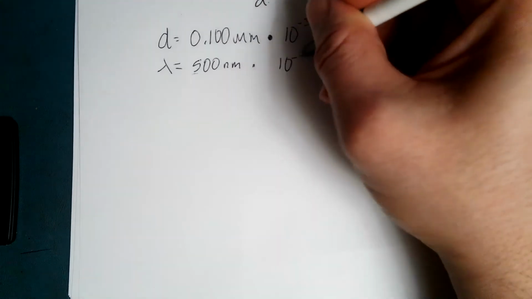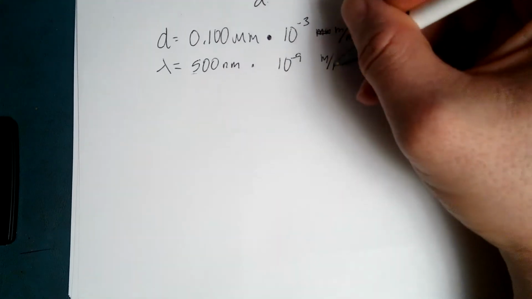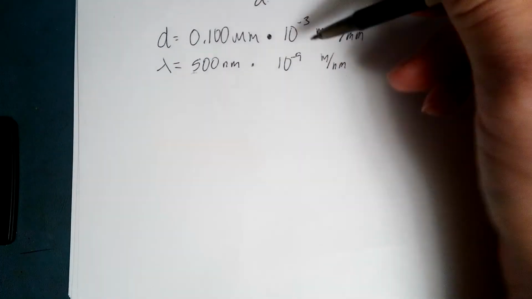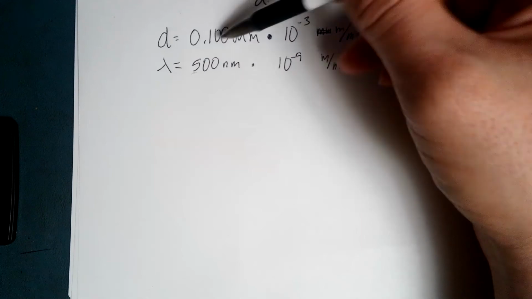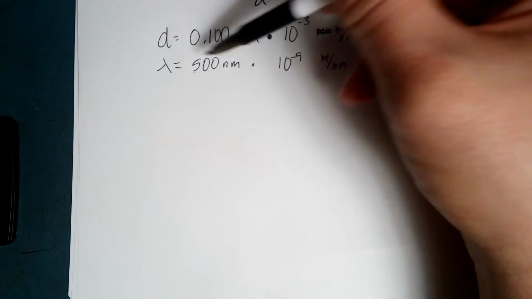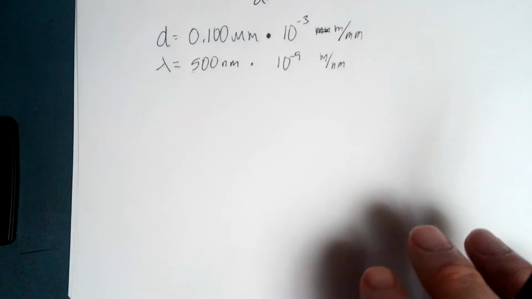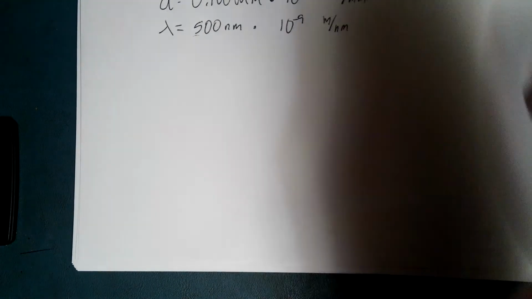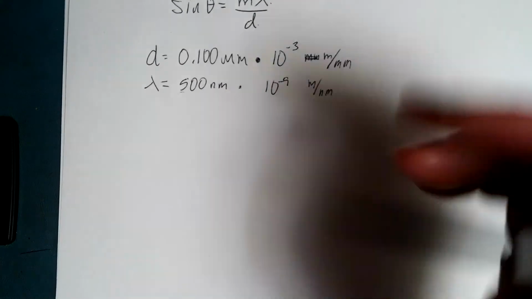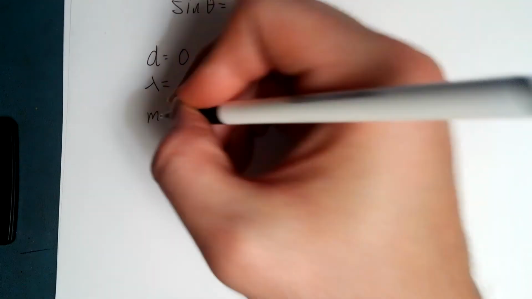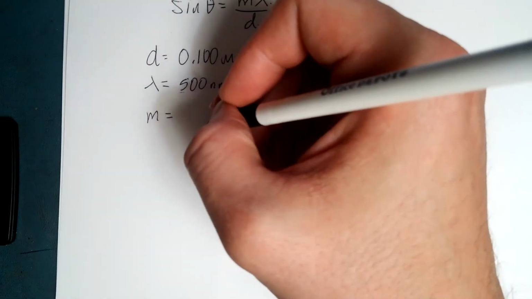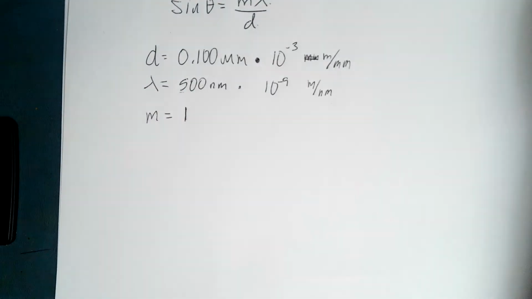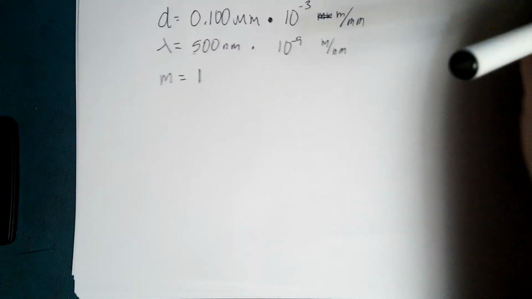This one's times 10 to the negative 9th meters per nanometer. So when I do this, I literally just, I don't try to mess with this. I just say, d is 0.1 times 10 to the negative 3. Lambda is 500 times 10 to the negative 9th. Don't make this like 5 times 10 to the negative 7th. You can if you want, but. And for this problem, we're asking for adjacent. Okay, so from 0 to 1, that means we want to find for order 1.